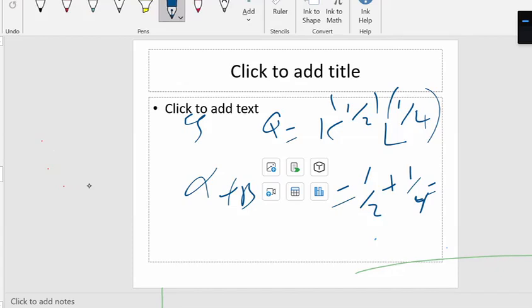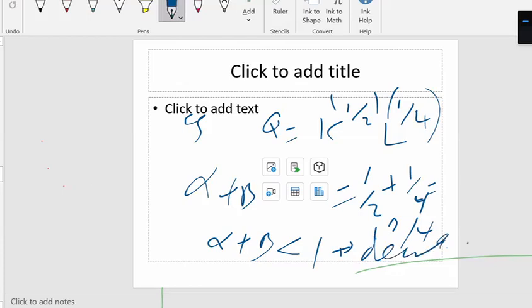Unapata 3 over 4. So is alpha plus beta greater or less than 1? It is less than 1, right? Because it is 3 over 4. Means there is what? Decreasing return to what? To scale.